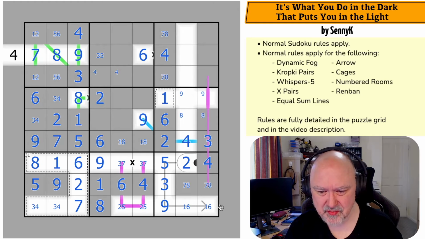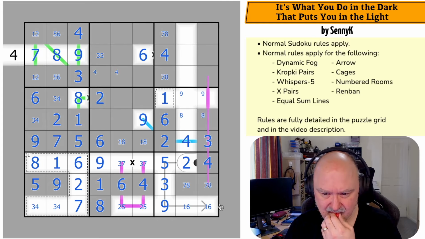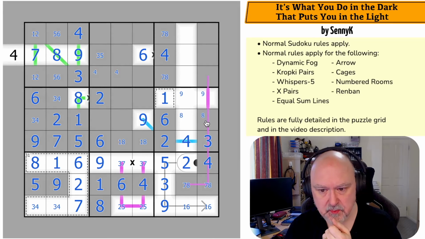Oh, maybe I could do that. I can't do that because if I do that, where does this cell go in this box? It'd have to go on the line. It doesn't work. But if I did this and did not go into this cell, I'd have to go as low as 3.